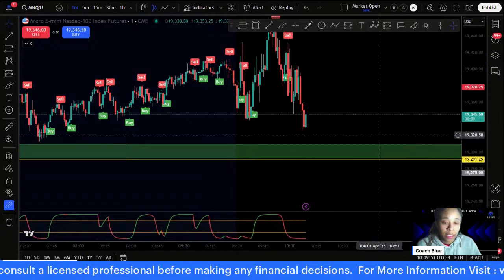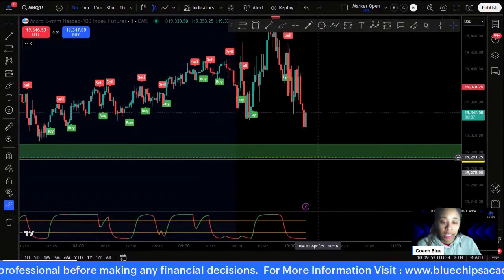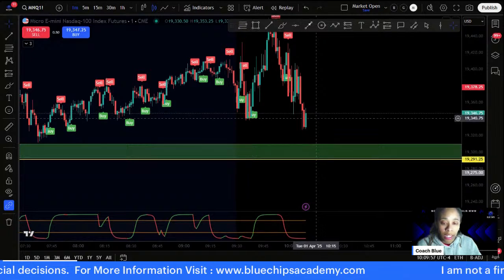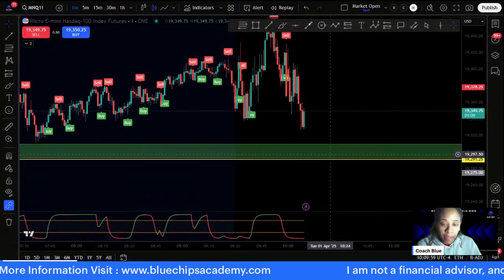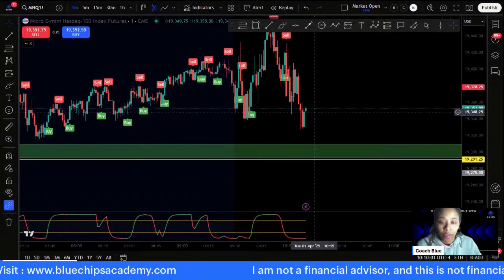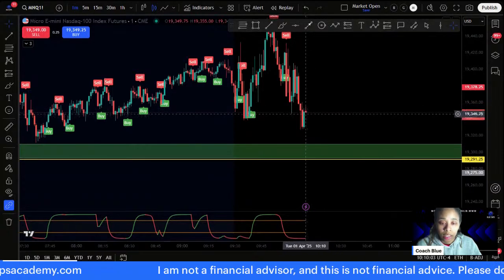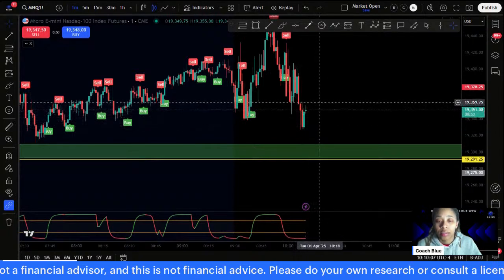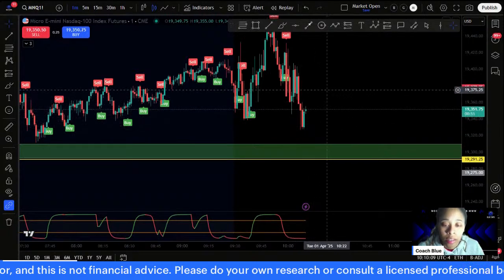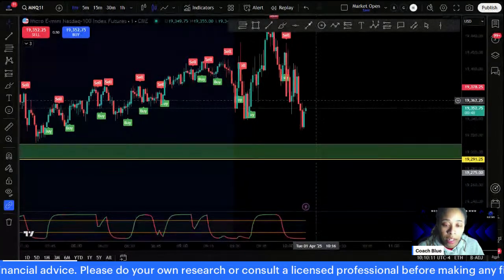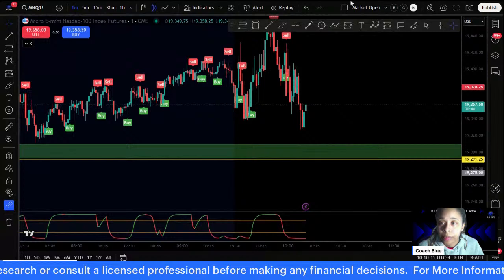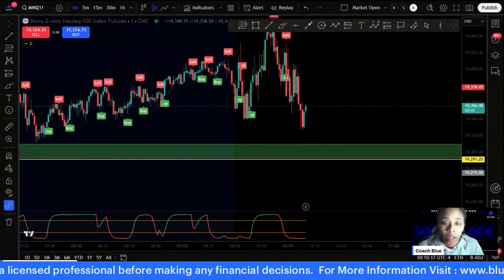If it doesn't, we might at least retest down here. Five seconds left. All right, not bad. It didn't engulf it, but they're almost equal size, so this can go one way or the other. Right now we're just being patient, and we're going to wait.